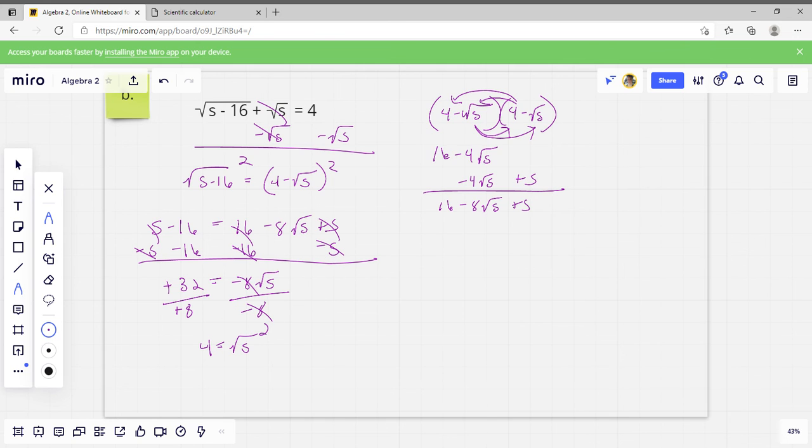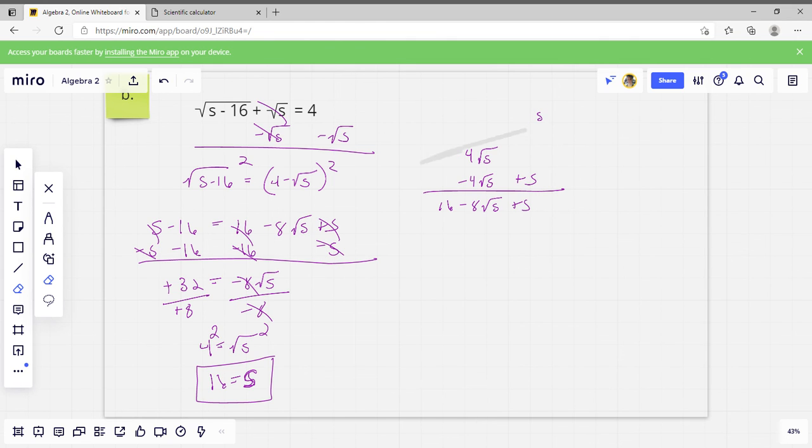So then I have to square that and square that. And I get 16 equals s. So s is equal to 16. Now I can double check that and make sure. I just got to put 16 in there.